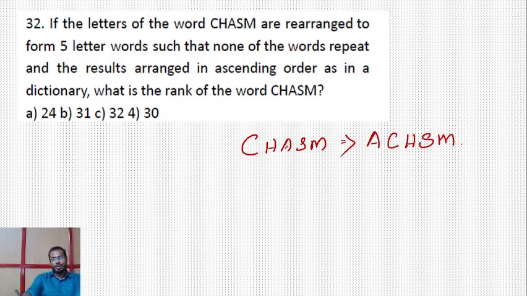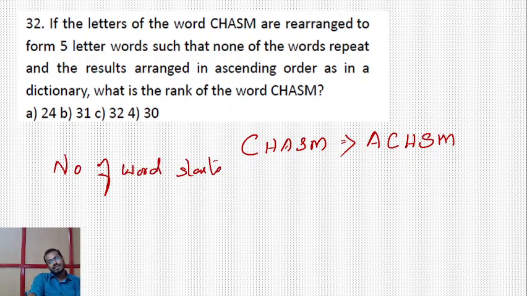As usual, we already did this for Sachin. Same thing. Number of words that start with A: the first place should be A, so the remaining are 4 places, 4 factorial, which is 24.